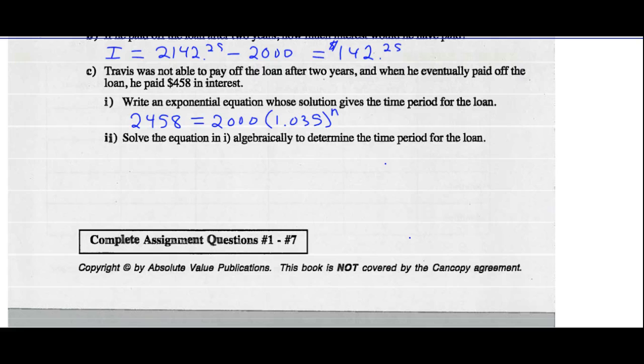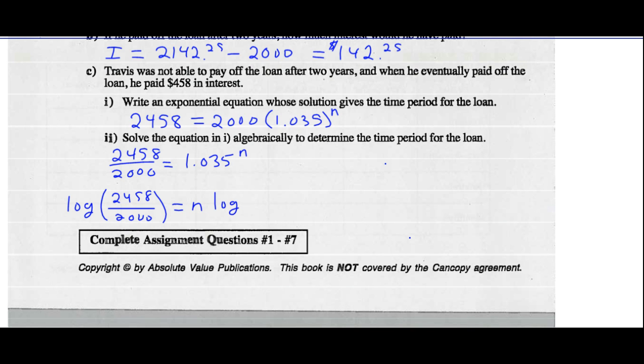Solve this equation algebraically. So step 1, divide both sides by 2,000. So you get 2,458 divided by 2,000 equals 1.035 to the exponent n. Now you can do a couple things here. We just looked at taking the common log of both sides. So if I do that, the common log of 2458 divided by 2,000 will equal the common log of 1.035 to the exponent n, or I'm bringing my n out in front, times the common log of 1.035.